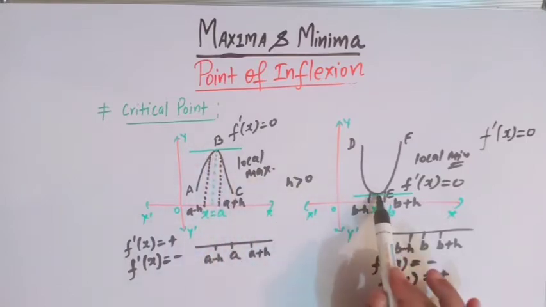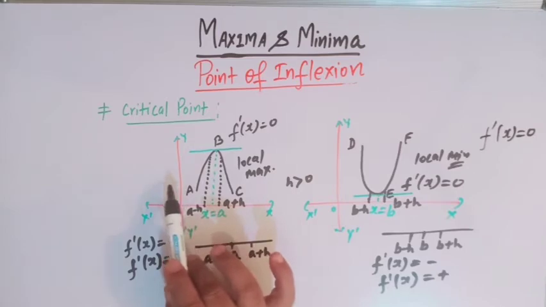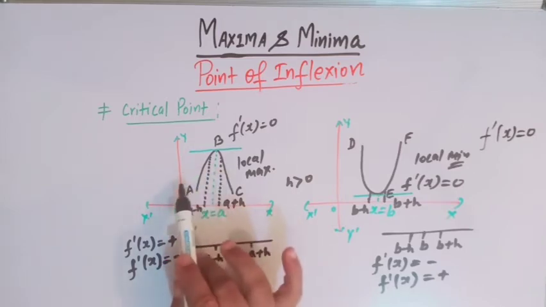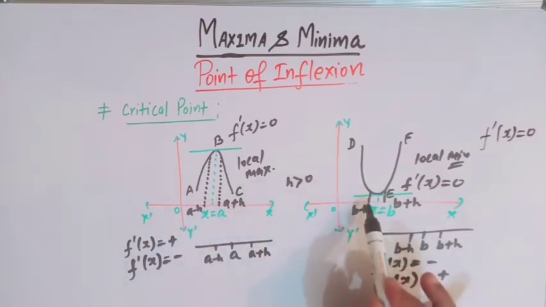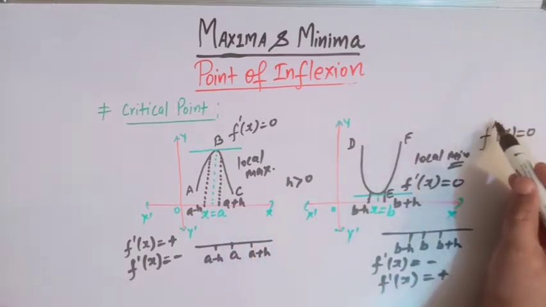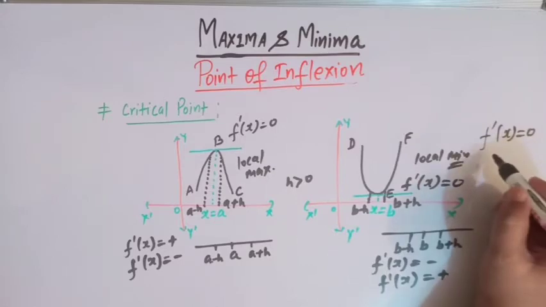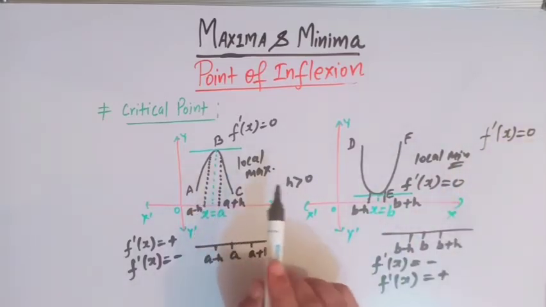So in these two cases we see that the derivative is 0 at these points, and the derivative changes sign when we move from this point to this point and from this point to this point. But in some cases we see that the derivative does not change sign when the curve moves from one point to another.